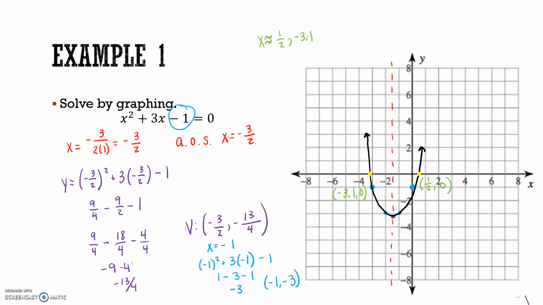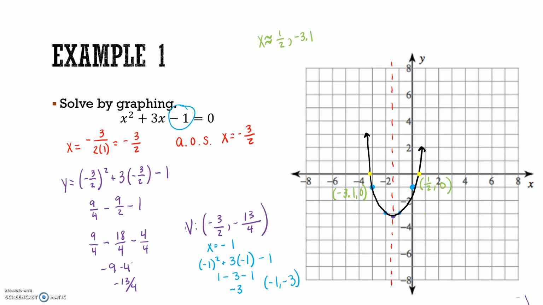If I look at it on a computer graph, the actual correct answer is not that far off. It's like negative 3.3, I think, and positive 0.6. But does this help you kind of see what is a benefit of graphing and what is a con or drawback of graphing?